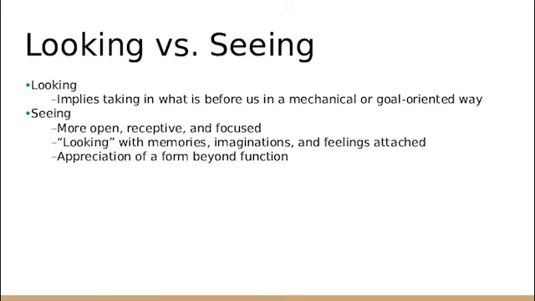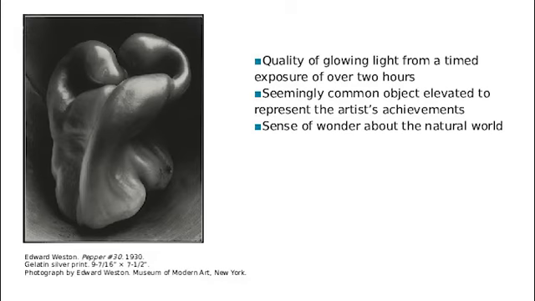A good example of an artwork that really focuses on seeing is this gelatin silver print photograph of a pepper called Pepper by Edward Weston. You really take the time to truly look at the delicate curves and lights and shadows of just a pepper, something that you might not normally focus on.